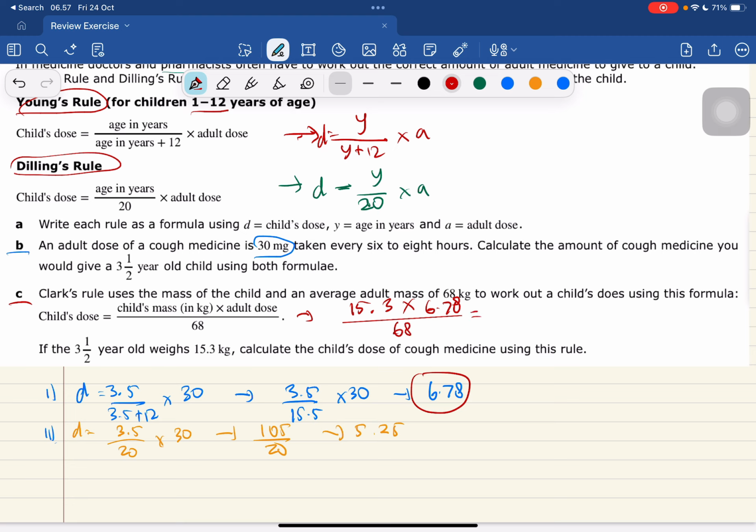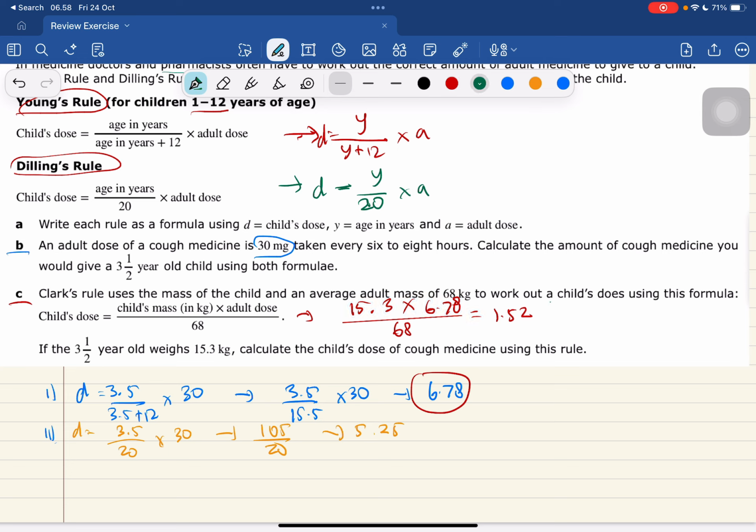Okay, so 15.3 times 6.78, we divide by 68. So the first, if we are using 6.78, this equals 1.52.